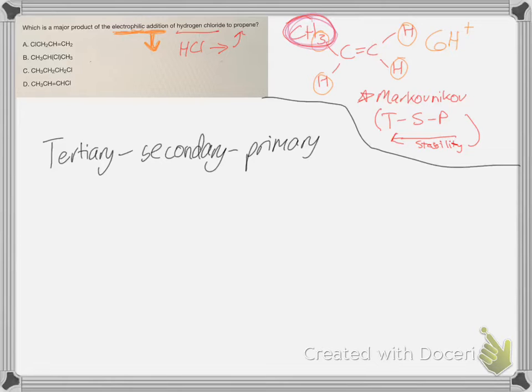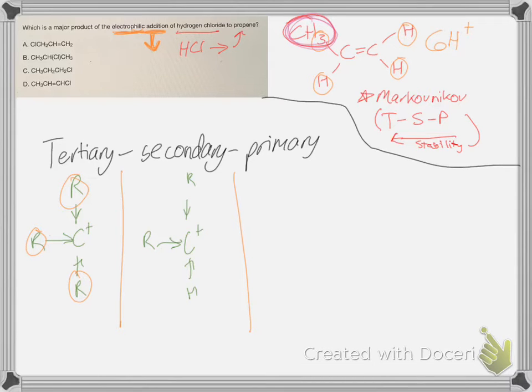The tertiary carbocation is going to be drawn as this. So we realize that we have 1, 2, 3 R groups. Now if we just draw the secondary carbocation, it's going to look like this.